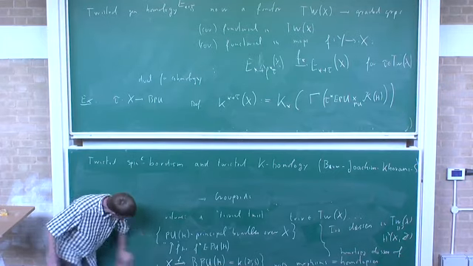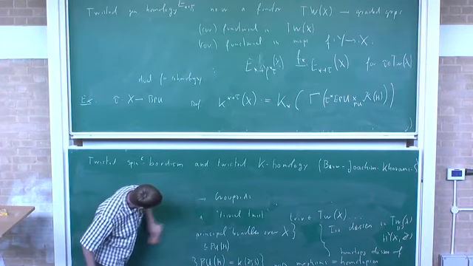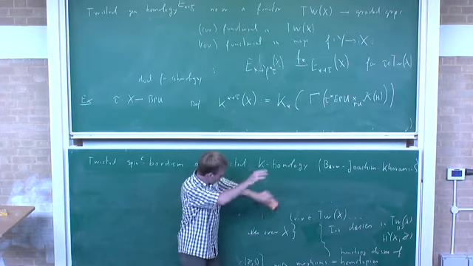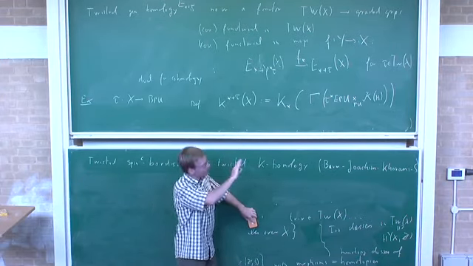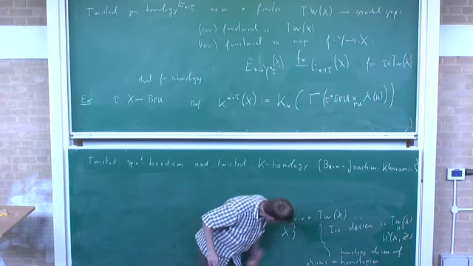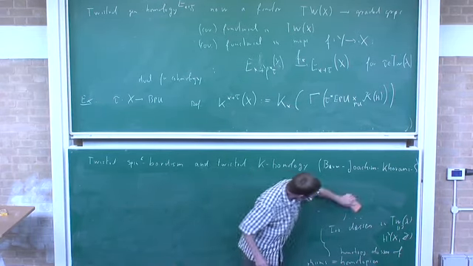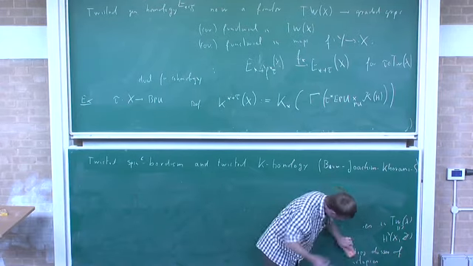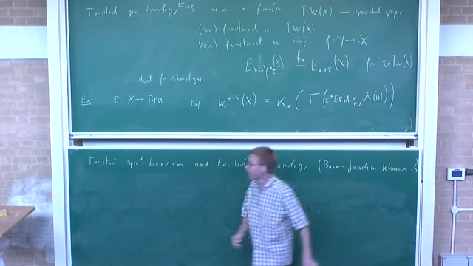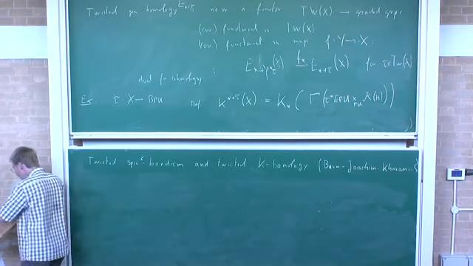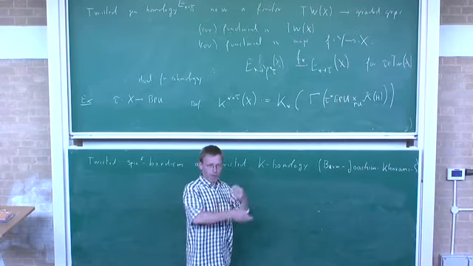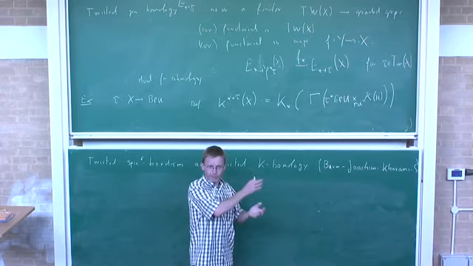So this is not exactly a model using vector bundles. It somehow has an infinite dimensional touch to it. It's like infinite dimensional vector bundles in some sense. And it can be shown that with certain standard attempts, you will not be able to define twisted K-theory using something a bit more general but still finite dimensional vectors.